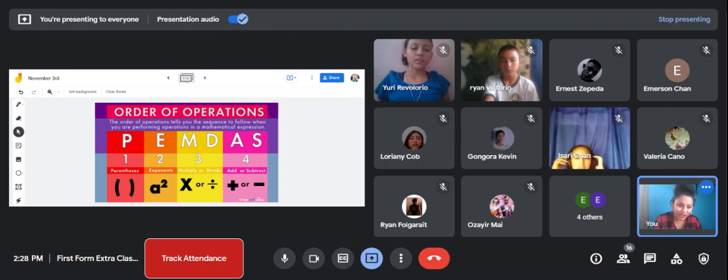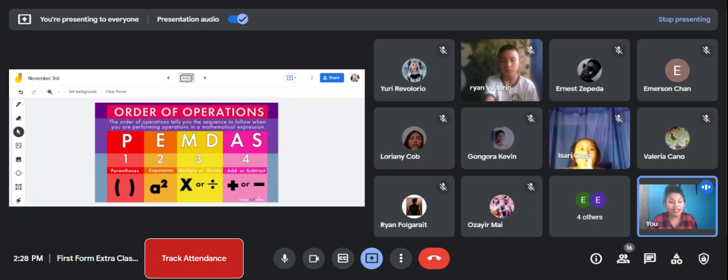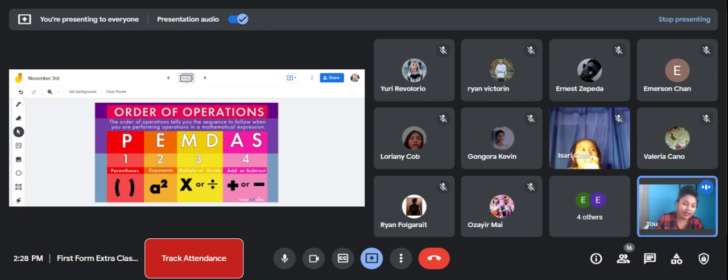No. You can use BOMDAS, you can use BEMDAS, there's GEMS, which is an even shorter one. But any one that you want to use is correct, once you are using it the correct way. Now, if you are using BOMDAS or PEMDAS and you still use the formula wrong, then that's something else.